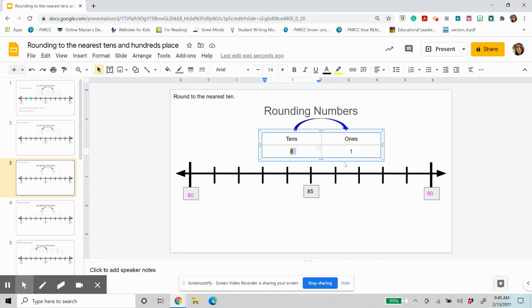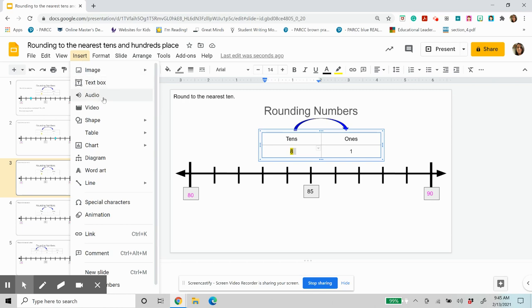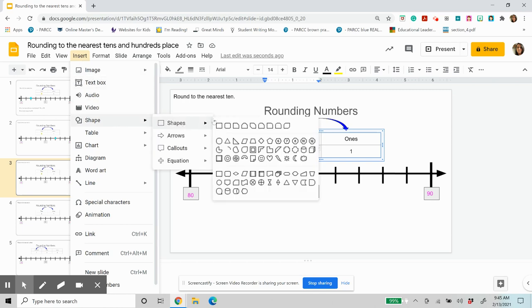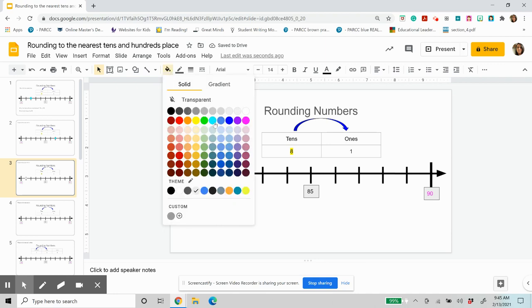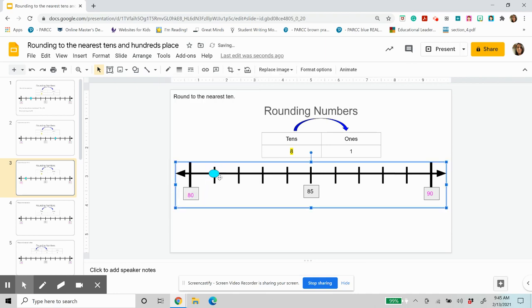So 81 would be right here, on this side of the number line. Is 81 closer to 80 or 90? It's closer to 80. So we would round 81 to 80, to the nearest 10.